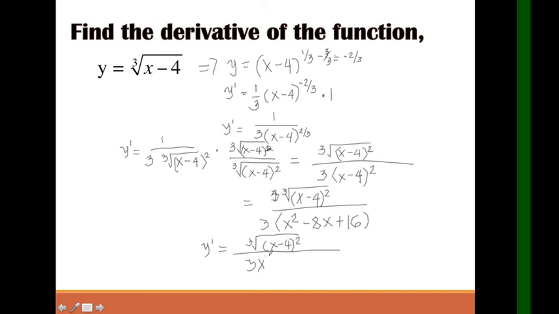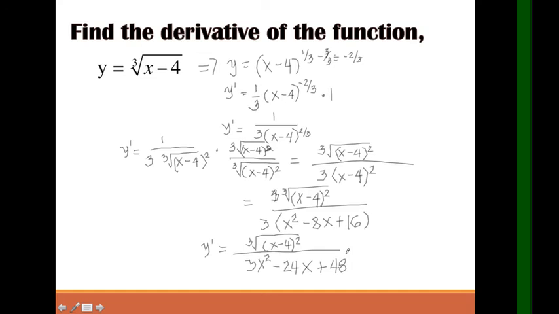Kasi nahihirapan ako magsulat, no, dito sa bandang ilalim. So, 3 times 8 is 24. Ayan. Tapos, x. Then, 3 times 16 ilan? 16 plus 16, 32 plus 16, 48. So, we have plus 48.